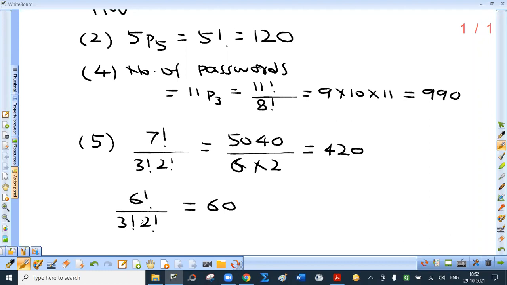See on the screen. 6 factorial upon 3 factorial into 2 factorial equal to 60 ways.